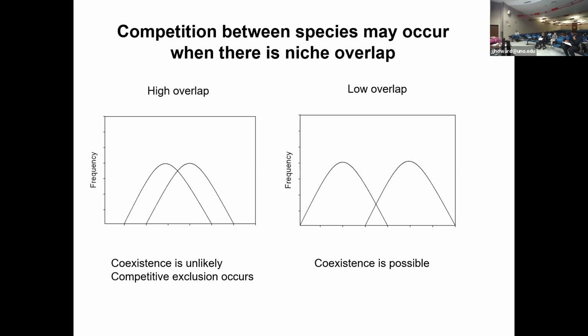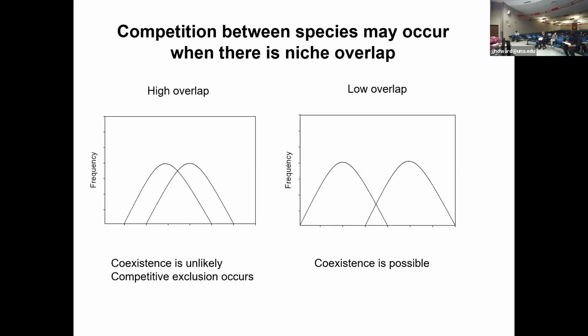Well, hey, that's very like this low overlap situation where they're occupying different ends of a moisture or salinity gradient. We don't see high competition due to high niche overlap very frequently in nature because it's inherently unstable and it doesn't last very long.